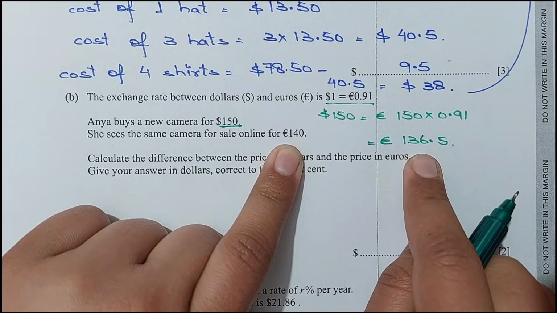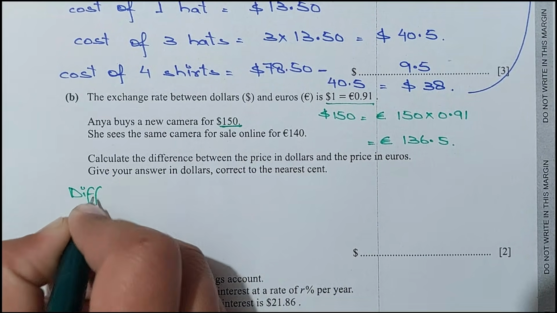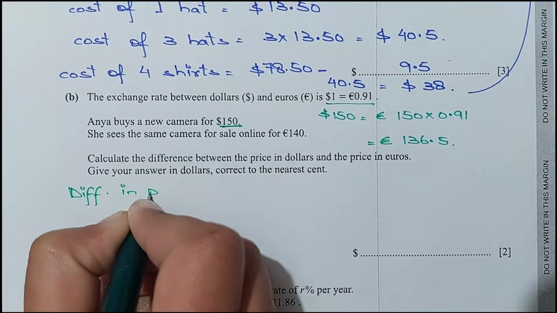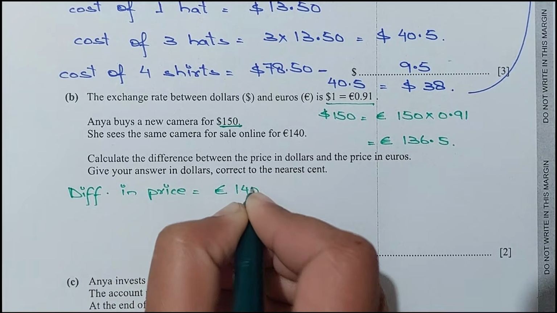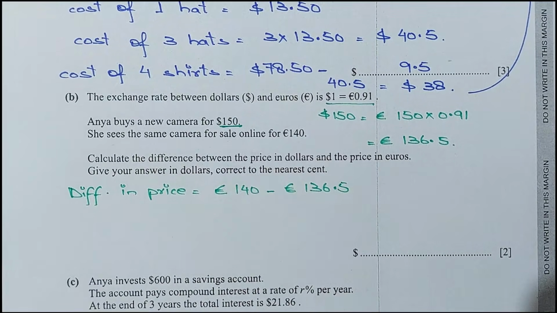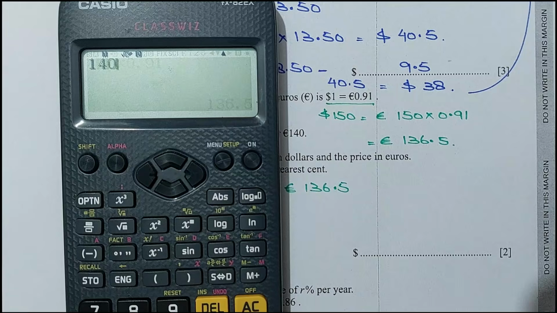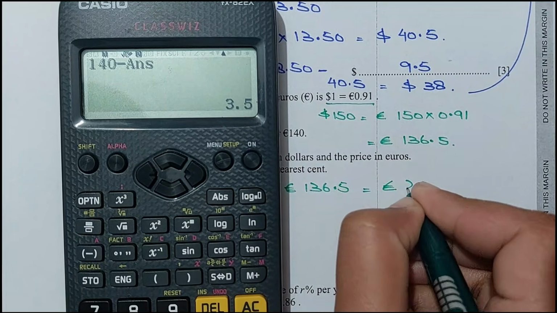What is the difference in the price? From 140 euros, you subtract 136.5 euros. The answer is 3.5 euros.